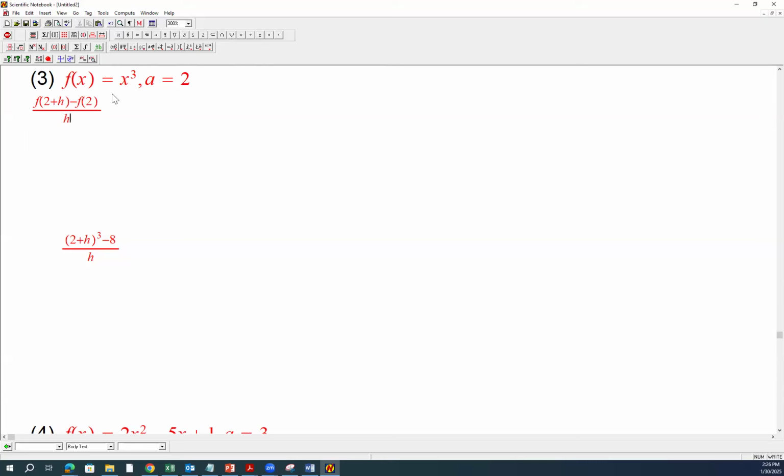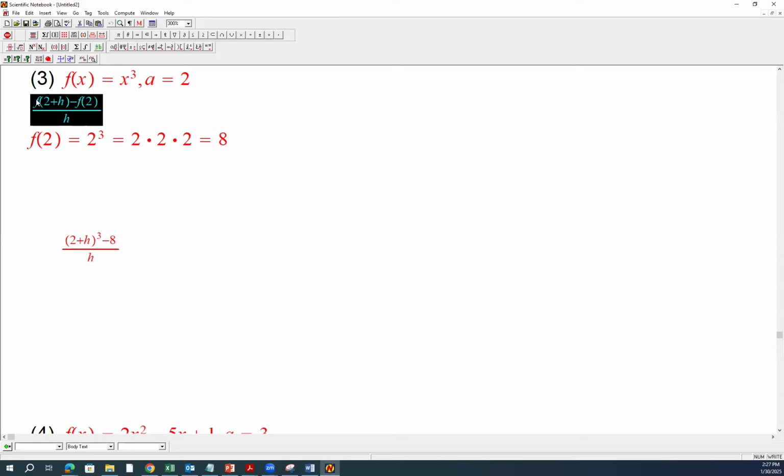F of 2 is going to be 2 to the power of 3. 2 to the power of 3 is 2 times 2 times 2, 3 times. That equals to 8.